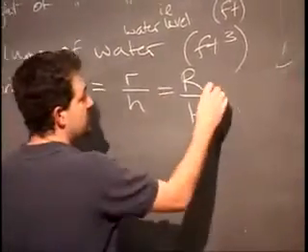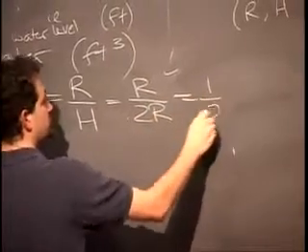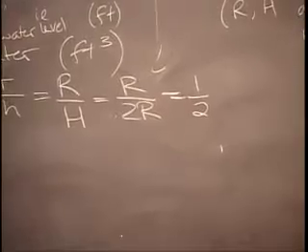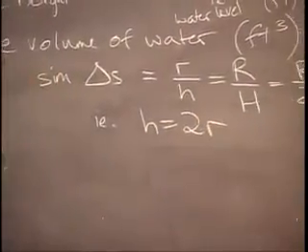So I don't know what these are, but I know that H is 2R. So actually, this is just 1/2. Another way of writing this is that H equals 2R. And that is one equation.